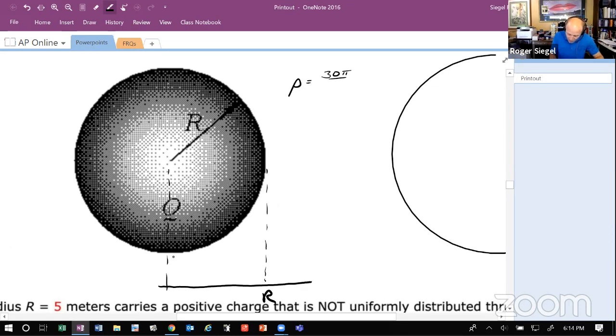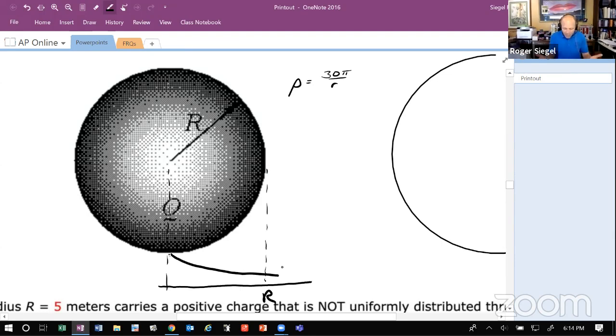So what does that mean? Well, you can see that's an inverse function. So here, this goes to infinity, it's asymptotically at infinity, but it falls off as an inverse function. So what does that mean? Well, let me actually do that a little bit different. So that means that as I go out, I have a less dense charge.